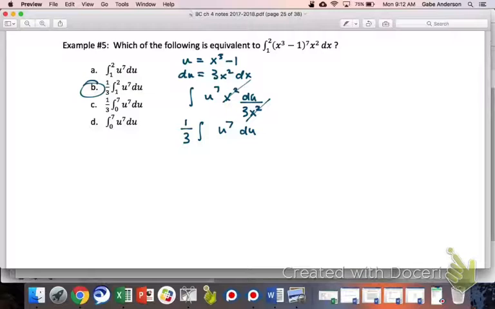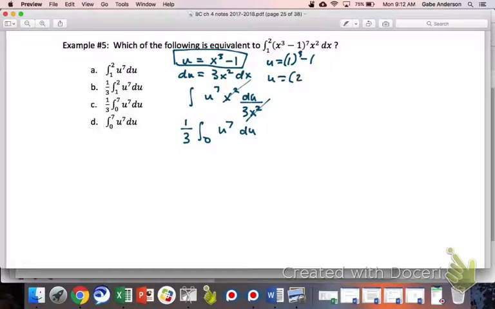They would just say, oh, 1 to 2, I see it. That was there before, it's still there, we're good. But they've forgotten that they need to convert their limits of integration over to u's as well. So if they were 1 and 2 before, we're just going to use this. So u, the new low limit, would be 1 cubed minus 1, which is 0. And at this point, we could probably pick the answer C, but let's just make sure we're all good as far as getting everything correct.